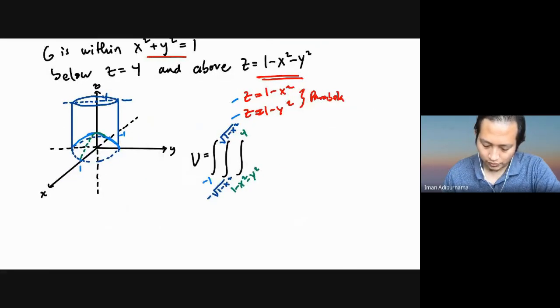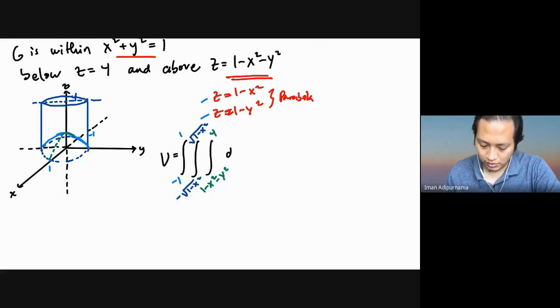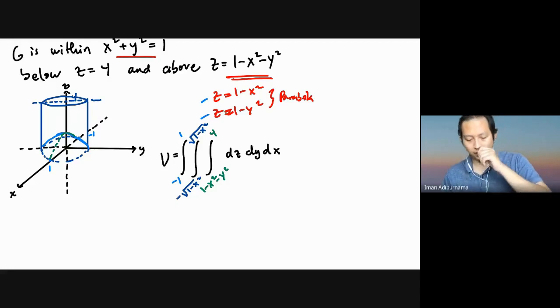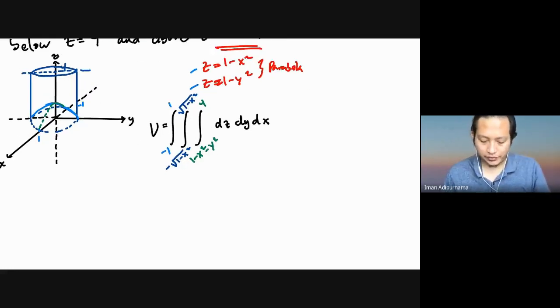And then dV will be dz, dy, and dx. Of course, you can try to solve it, but I don't think you can solve it easily by doing the regular triple integrals.